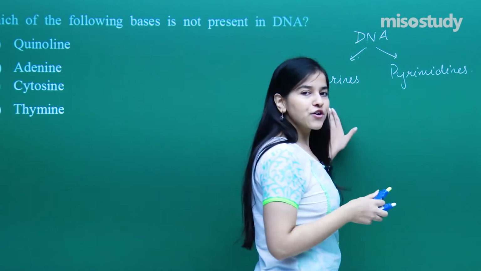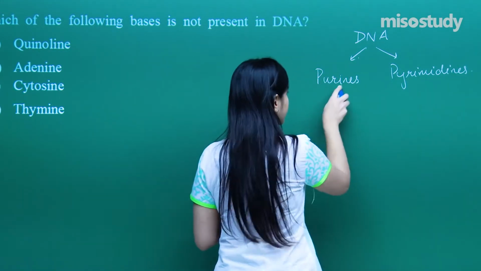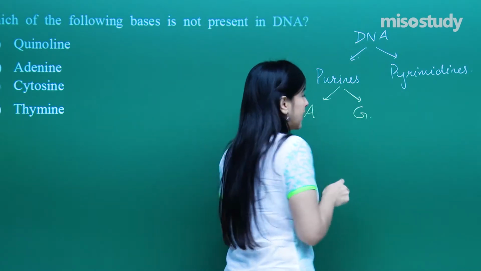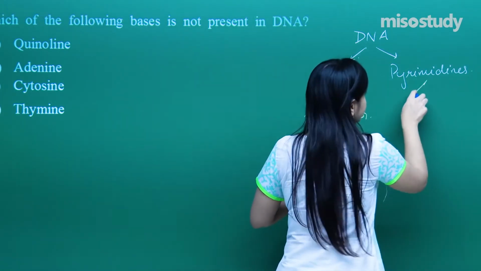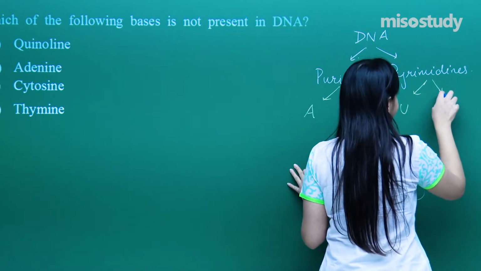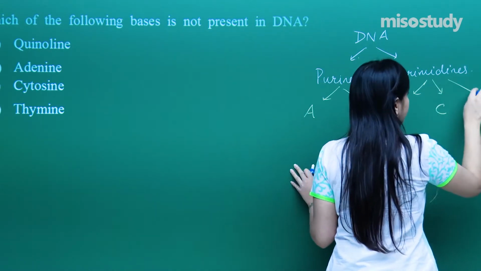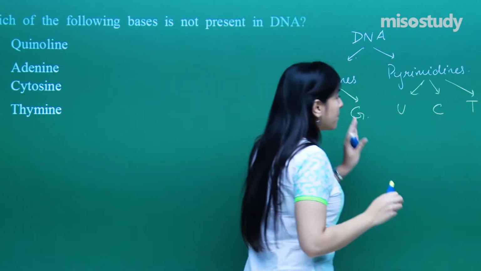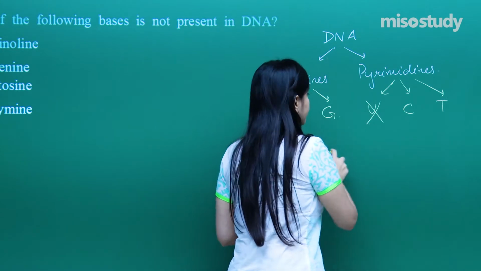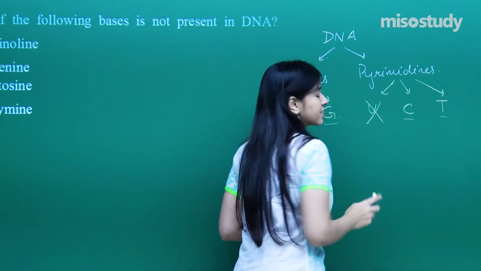Under the category of purines, we have adenine and guanine, A and G. Under the category of pyrimidines, we have uracil, cytosine and thymine. But in DNA, uracil is not present; the other 4 bases are present.